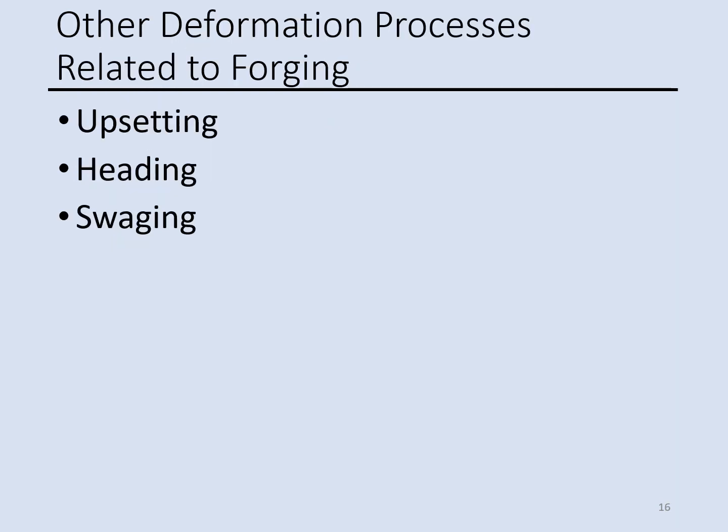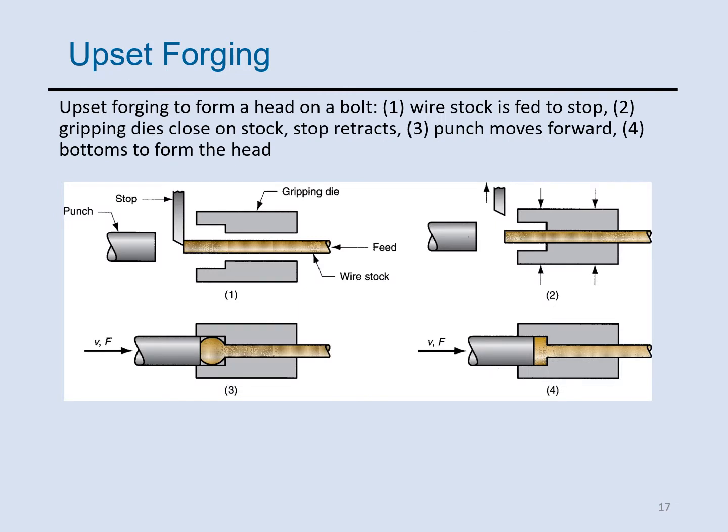There are other deformation processes that are related to forging operations that here we will talk about one by one. The first one is offsetting, then we talk about heading, and then the last one is called swagging. We use the offset forging process to form a head on a bolt.